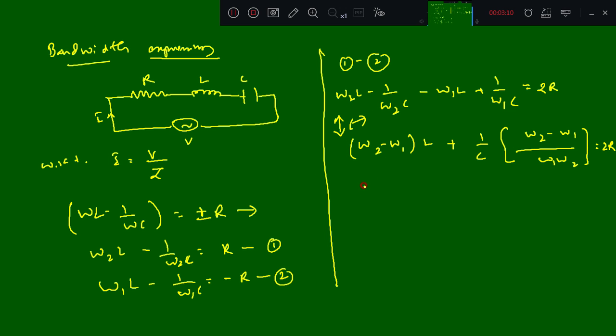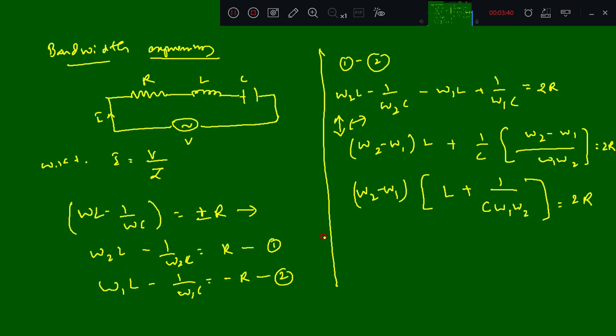Next, I will take omega 2 minus omega 1, the difference, outside in a bracket: L plus 1 divided by C into omega 1 omega 2 equals 2 into R, because I have taken omega 2 minus omega 1 outside.